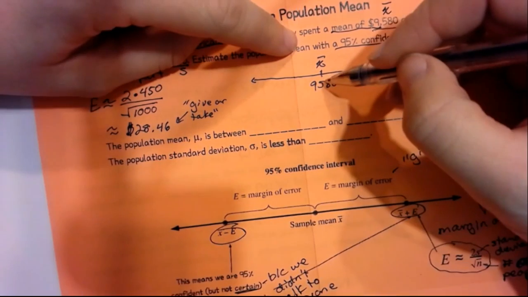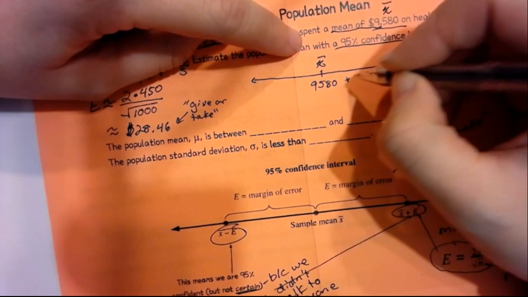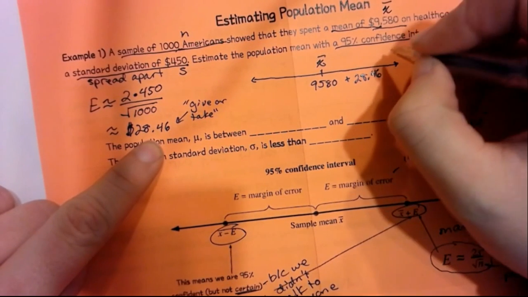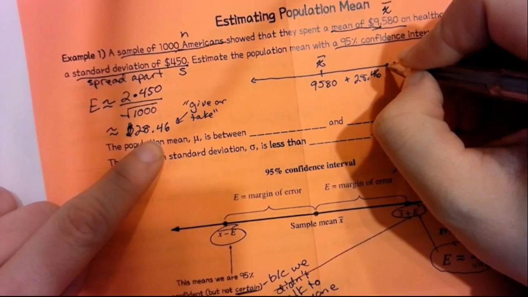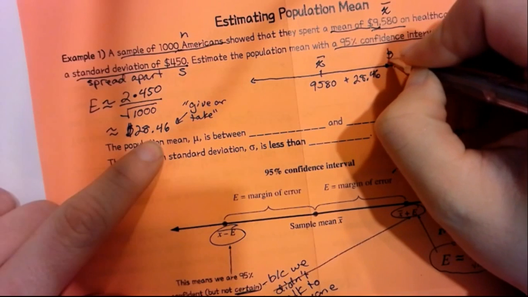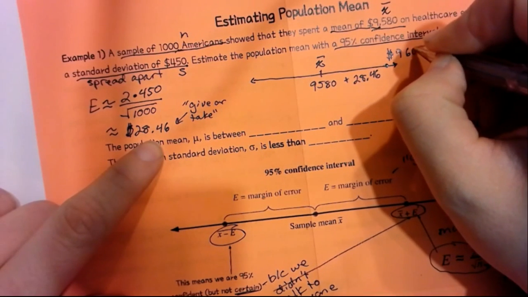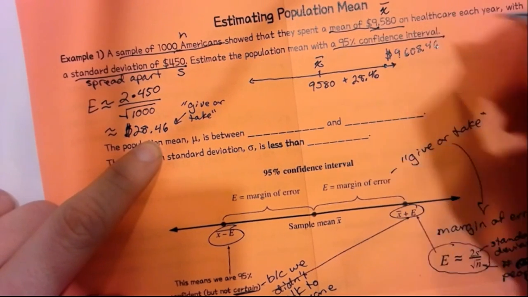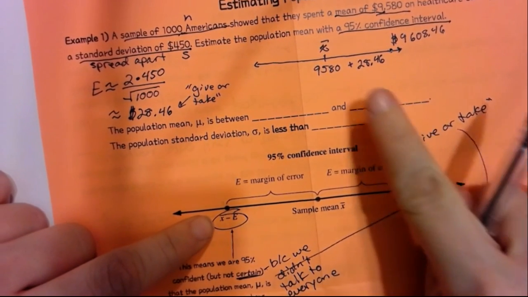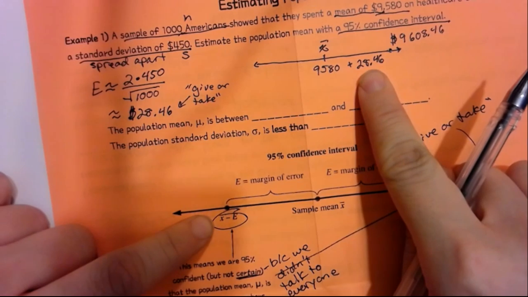So start with the 9,580 plus 28.46. And that gives us $9,608.46. Then on this side, we're going to take the mean minus 28.46.